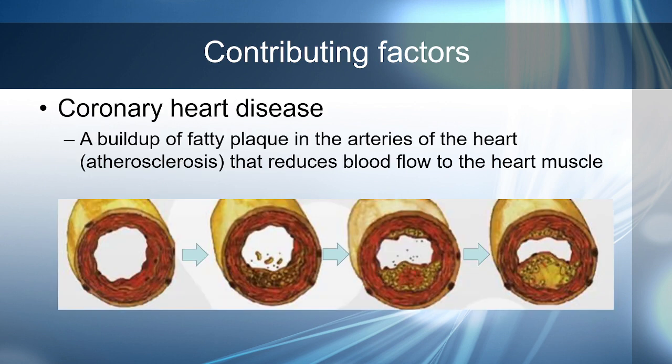And for the coronary heart disease, the reason that makes it happen is a build-up of fatty plaque in the arteries of the heart that reduces blood flow to the heart muscle. In the slide, I have shown a picture of how the fatty plaque builds up in the arteries.